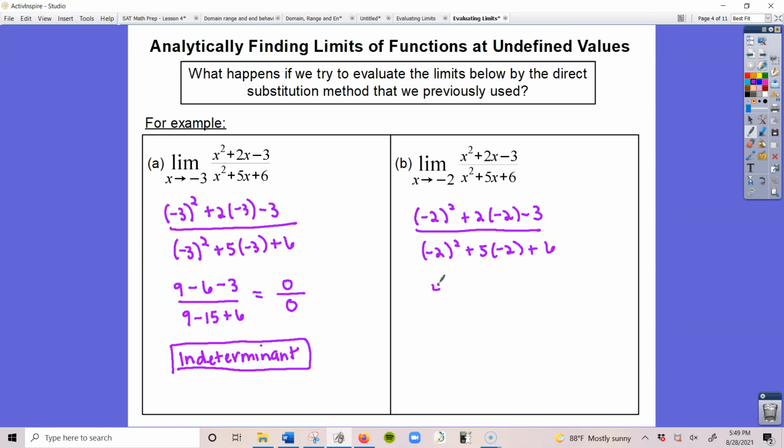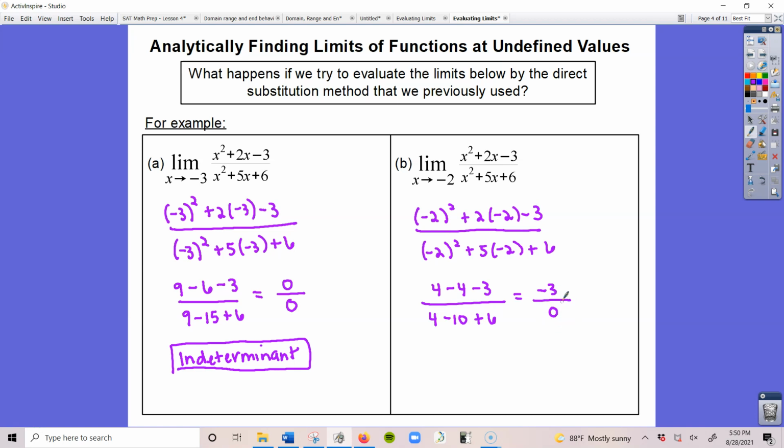Negative 2 squared is 4 plus 2 times negative 2 is negative 4 minus 3 over negative 2 squared is 4. 5 times negative 2 is negative 10 plus 6. Now here we get 4 minus 4, which is 0, minus 3 is negative 3, over 4 minus 10 is negative 6, plus 6 is 0.